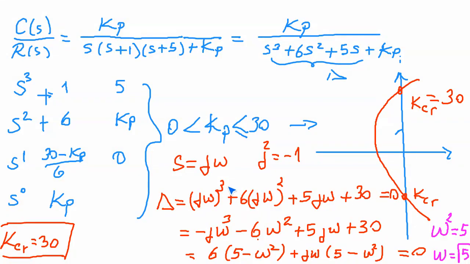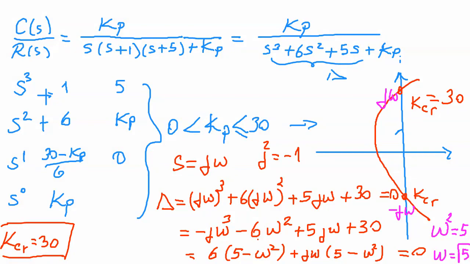And then we put into the characteristic equation Kp equal to KCR, 30, and write since the point here is j omega, the value here is j omega. This is j omega. That is minus j omega. So j omega is going to satisfy this equation.